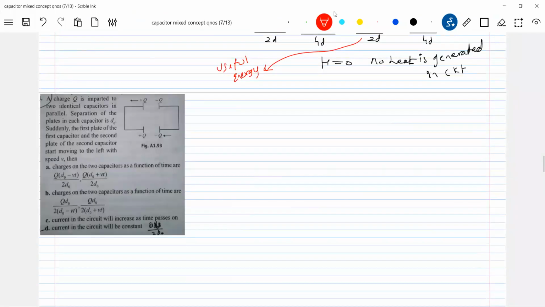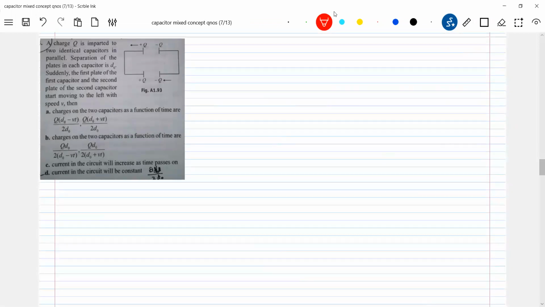Okay, similarly, one application problem. Read the question. A charge Q is imparted to two identical capacitors in parallel. Separation of the plates in each capacitor is initially D naught. I'll magnify the diagram.